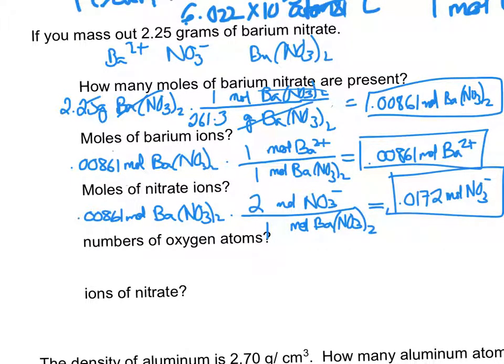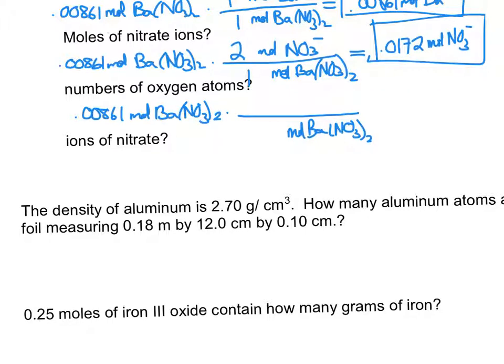Next one is number of oxygen atoms. Again, you can start with your 2.25 grams of barium nitrate. You can start with the moles of barium nitrate. You can start with the moles of nitrate. Whatever you want. I will choose to start with the moles of barium nitrate again. And on the bottom, I'll put moles of barium nitrate. On top, I will go with moles of oxygen first. I can't go from moles of one substance to particles or atoms of another substance, so I have to go to moles first.